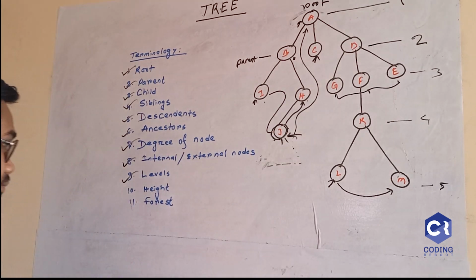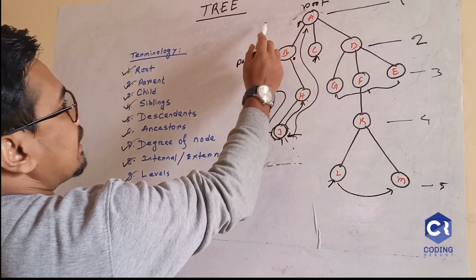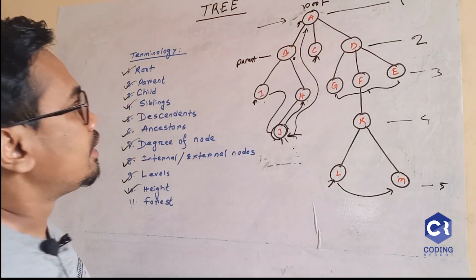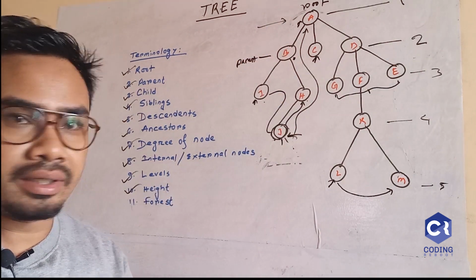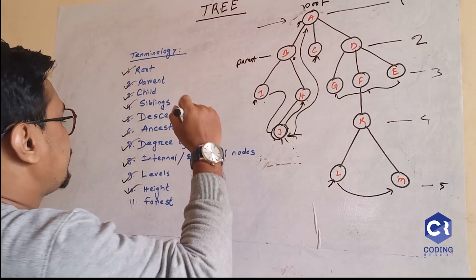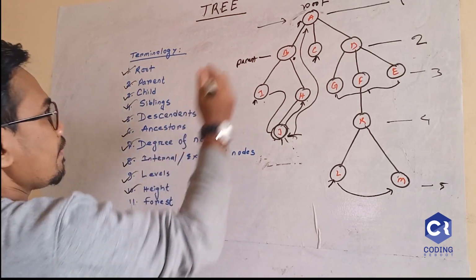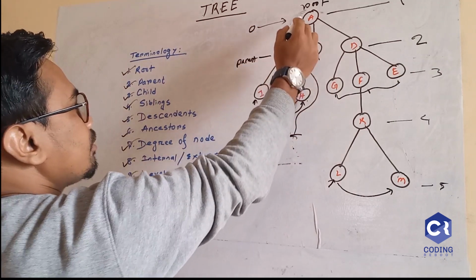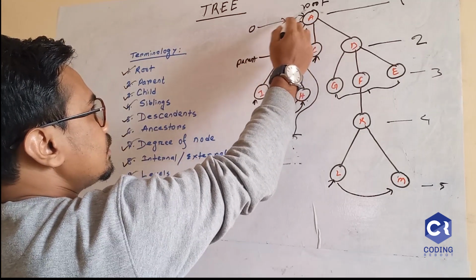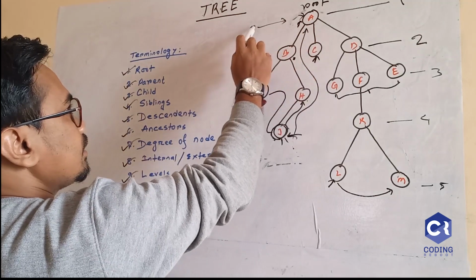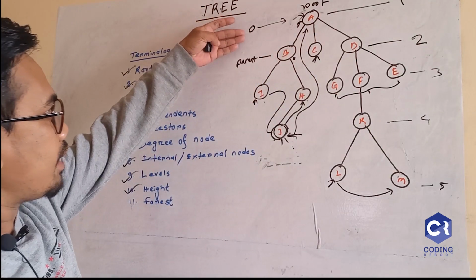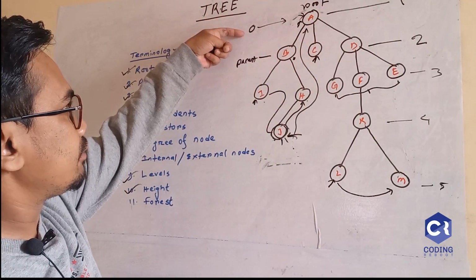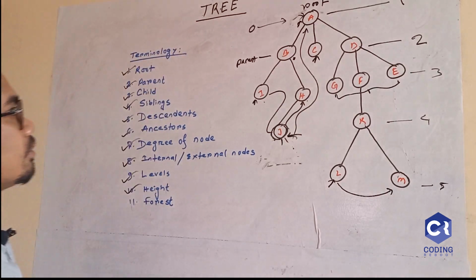And now the height. Height is counted depending on the edges, so here height is counted from 0, because from the root node there is no edge, that's why we are declaring it from 0.